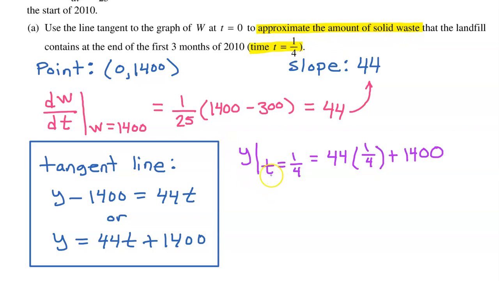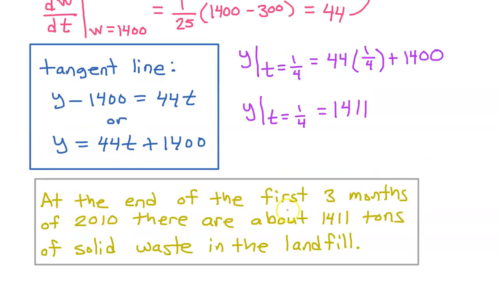We just need to evaluate y at t equals 1/4. This turns out to be 1,411. At the end of the first 3 months of 2010, there are about 1,411 tons of solid waste in the landfill.